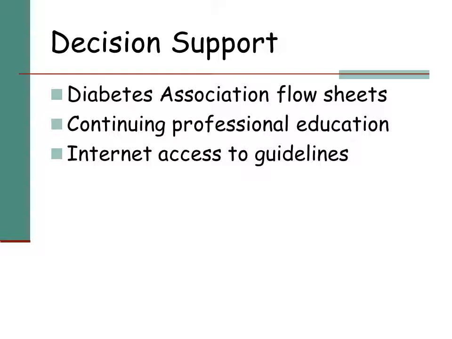Another decision support tool is internet access to guidelines, so that you can say, okay, what is the newest thing on this, and you can go to guideline.gov or some sort of other source. So these are things that you can do in your practice to help the providers and the nurses, all the staff, to stay up to date on how to practice in this new world and provide comprehensive care to your patients.